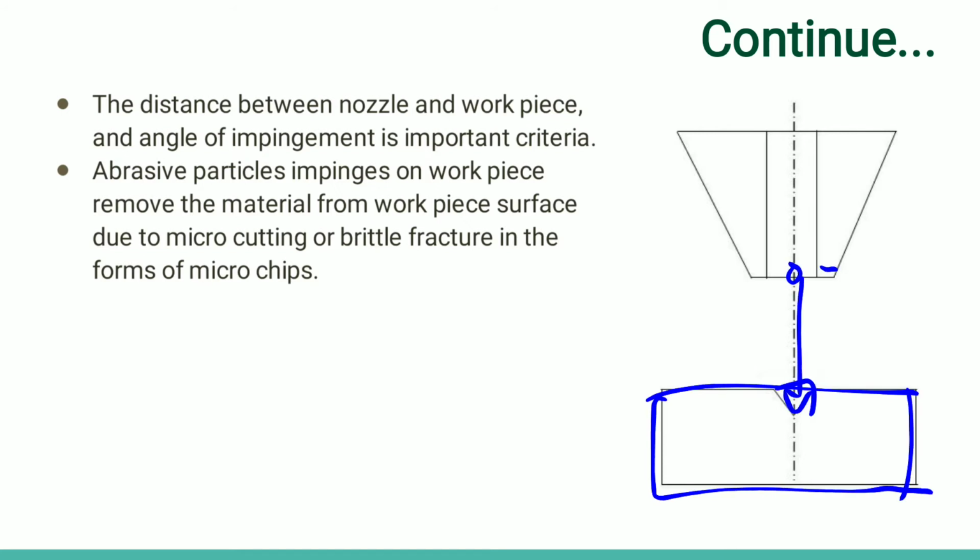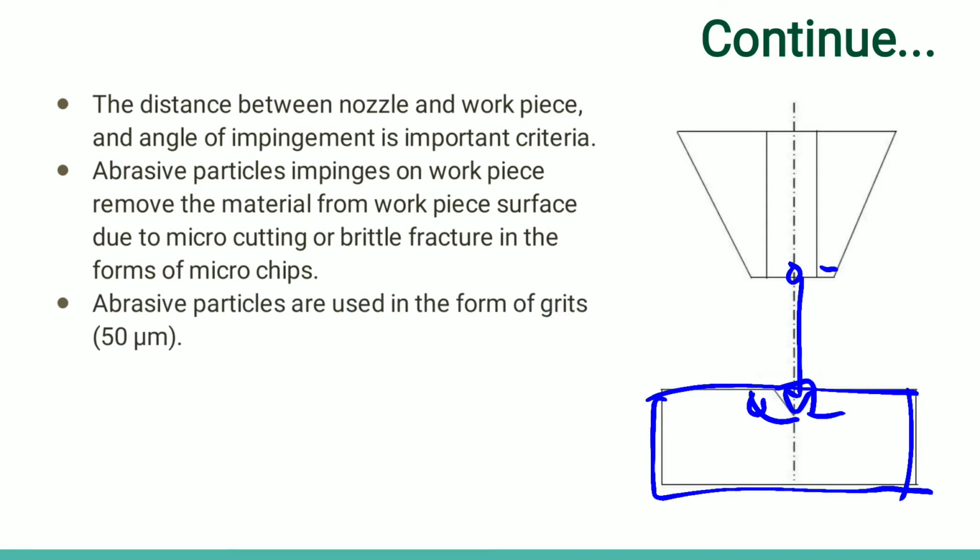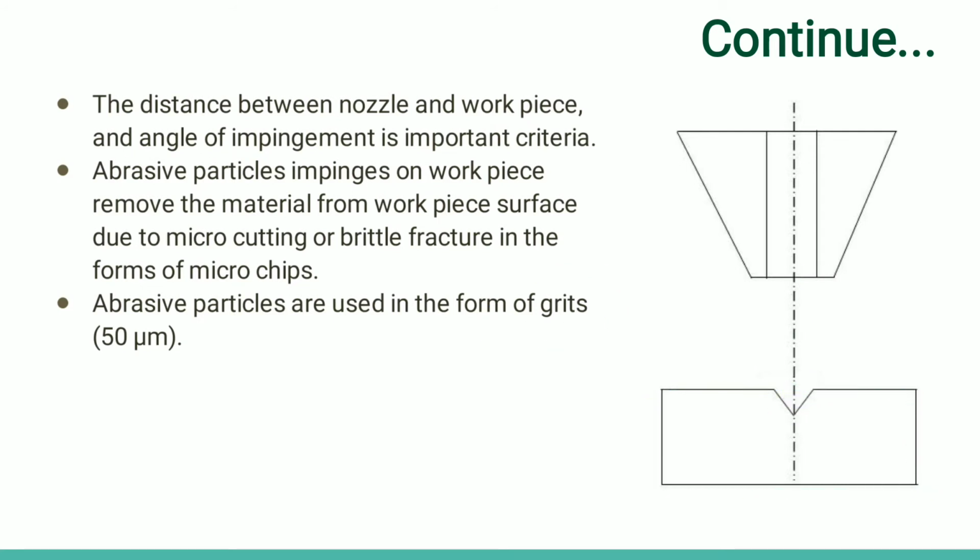That generally happens due to brittle fracture, and the material coming out from this workpiece surface is in the form of microchips. Now, the abrasive particles that we are using are very small, as we have already said, 10 to 50 micron. So we also call these abrasive particles grits. Please keep this in mind.